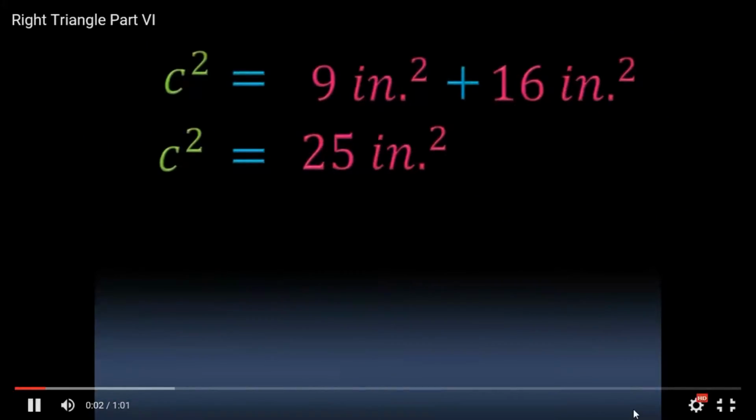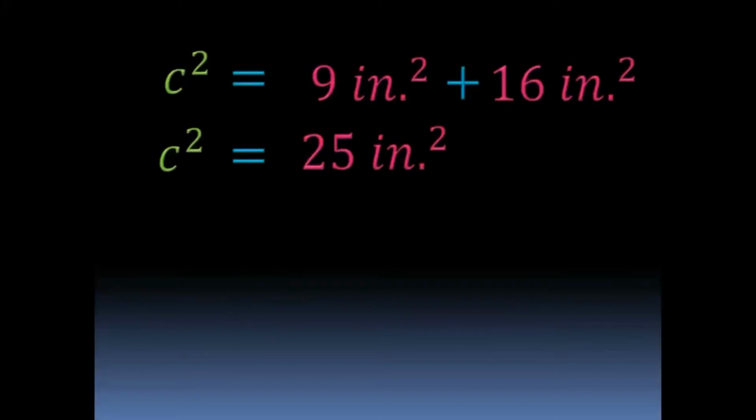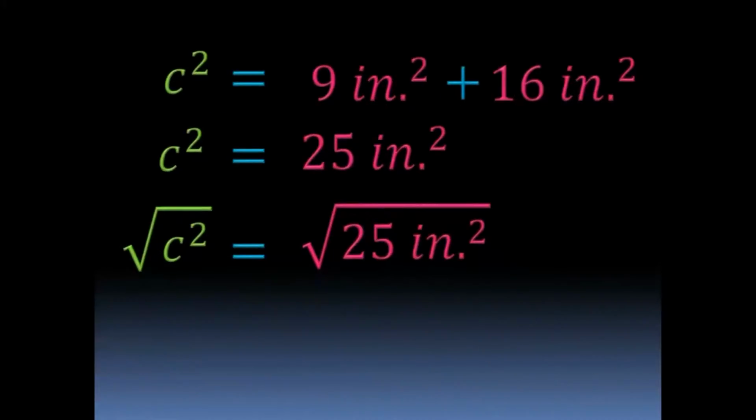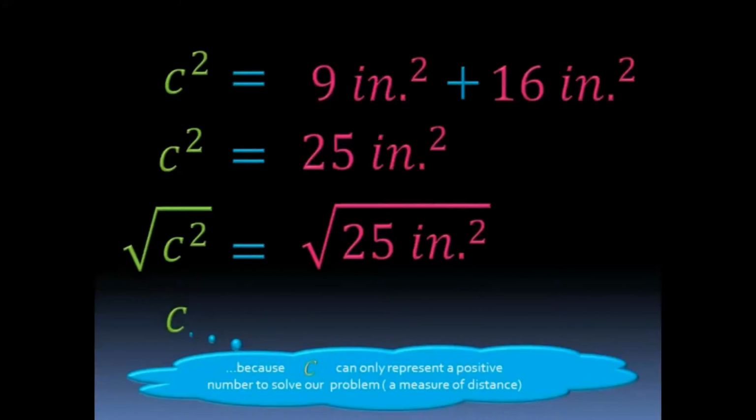Because we want to talk about c all alone, we take the square root of the left-hand side of the equation. And our rules tell us that we must take the square root of the right-hand side as well. The square root of c squared works out to be c, because in this problem, c can only represent a positive number, a measure of distance.